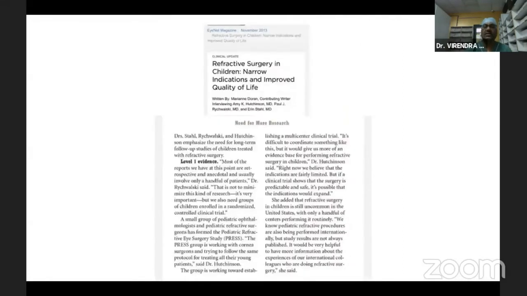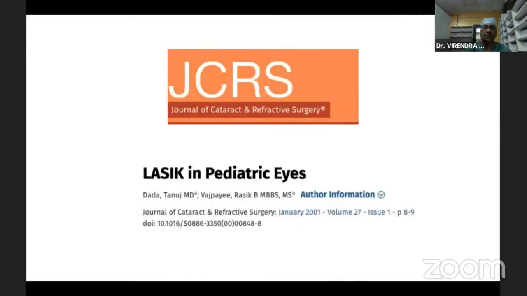So it means they also are not in favor of doing refractive surgery. But definitely when you feel that nothing is working and the child is going into a deep amblyopia, which we can consider in other terms like a blind eye, because as we all know, vision less than 6/60 is not very useful even for social reasons.